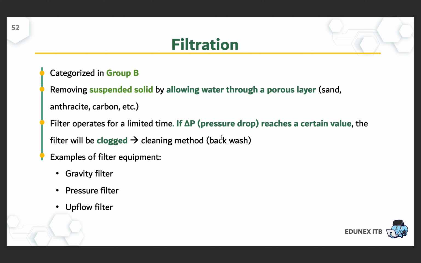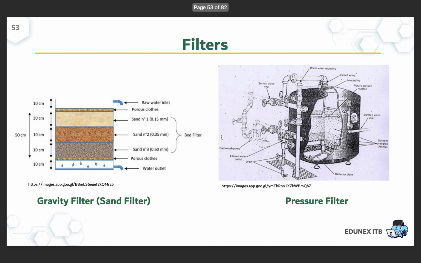So backwash means you change the flow. In the operation mode, for example here, you have your water inlet here, and then the water will go through a pile of sand and filter there, and then here you have filtered water outlet. When you do backwash, you need to change the fluid flow.